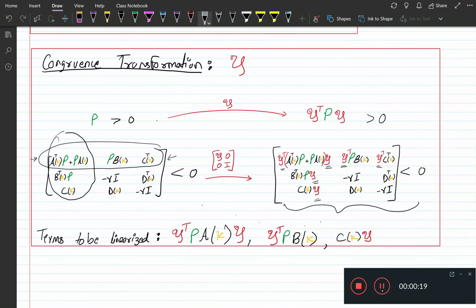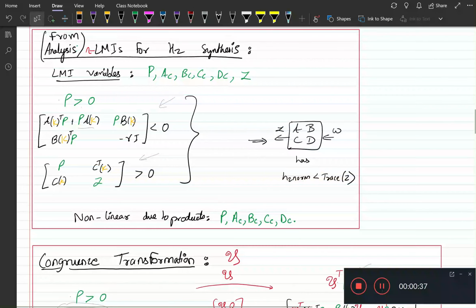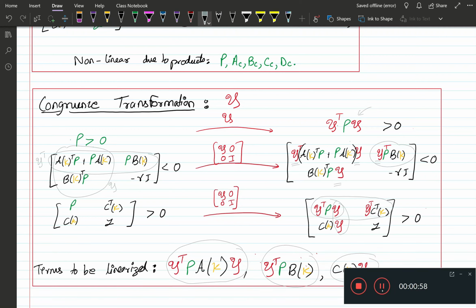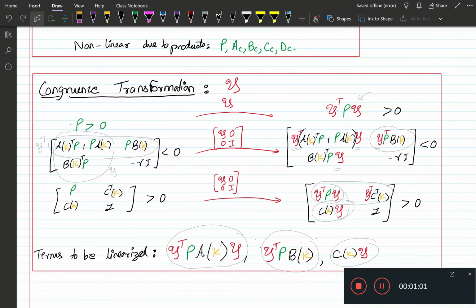We had terms like Y transpose P A Y, Y transpose P B and C Y appearing in the transformed matrix inequalities that would have to be linearized by a clever choice of Y. Now if we compare this with the H2 conditions, we essentially have the same terms: Y transpose P A Y, Y transpose P B and C Y, which also appear in the H2 synthesis inequality.